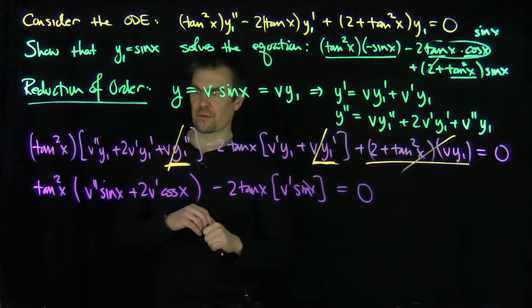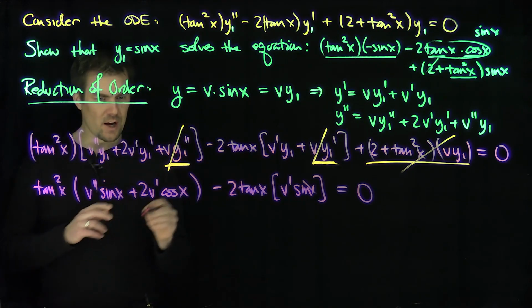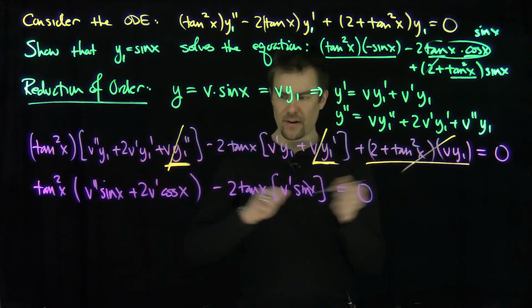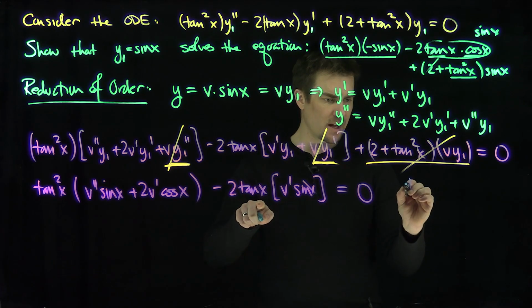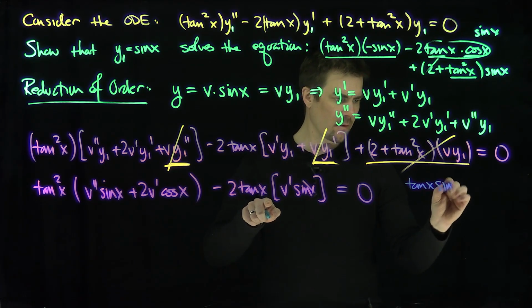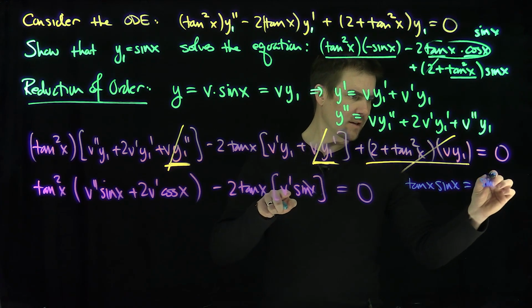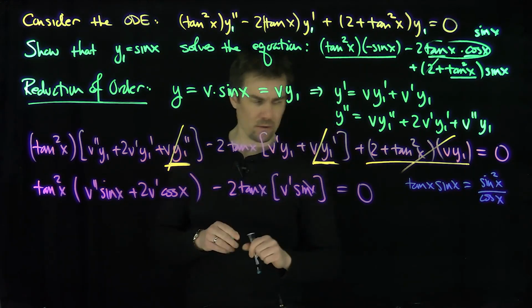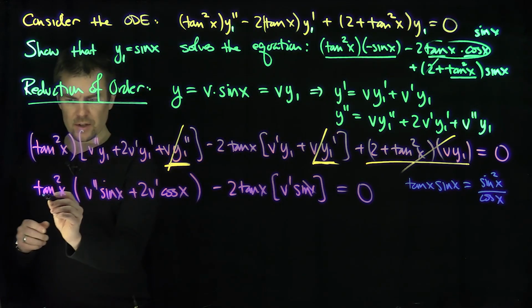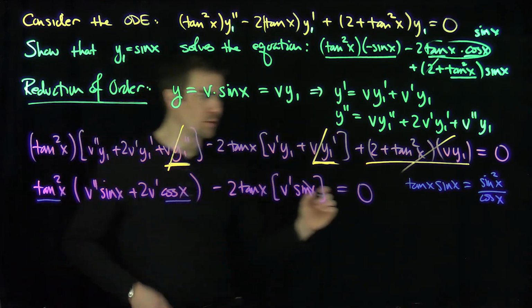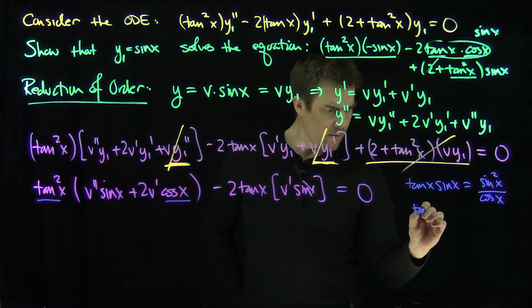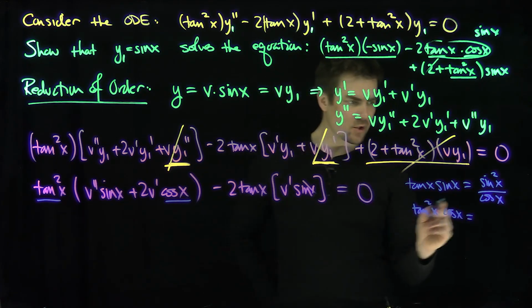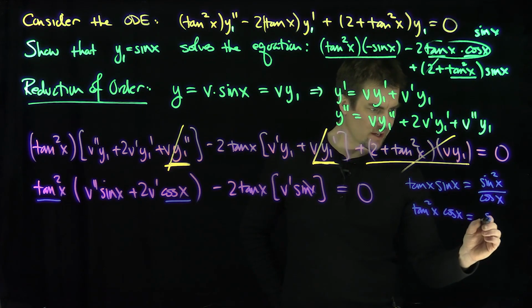Now, what's the observation here? If I look at tangent times sine, that is sine squared of x over cosine of x. And then let's look at tangent squared times cosine. Tangent squared is sine squared over cosine squared, so one of the cosines is going to cancel out.